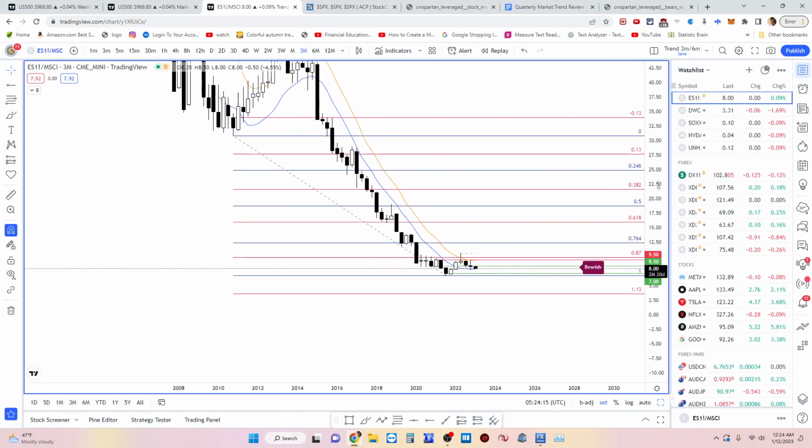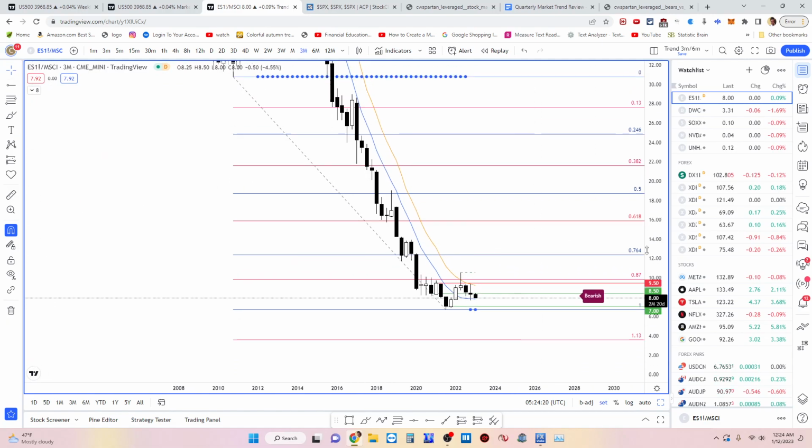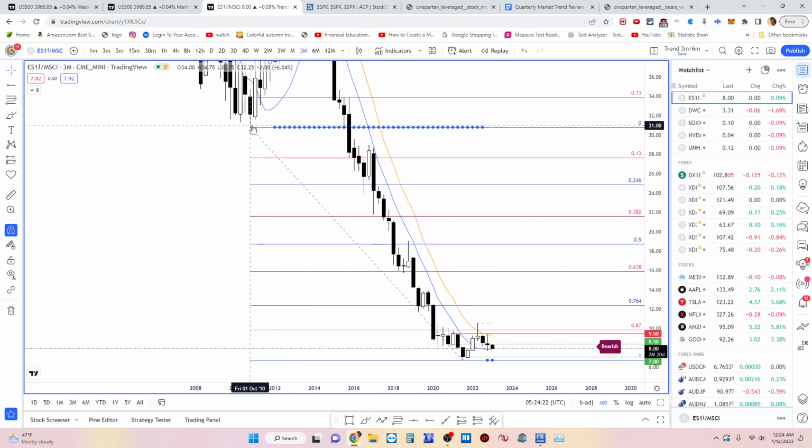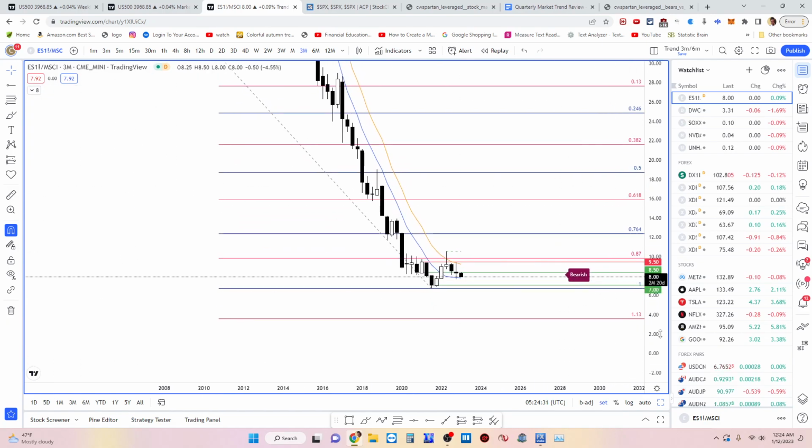So here I put a fib on the quarterly swing low, and attach it to the swing low here, put a fib, and it's confirming kind of what we're seeing.